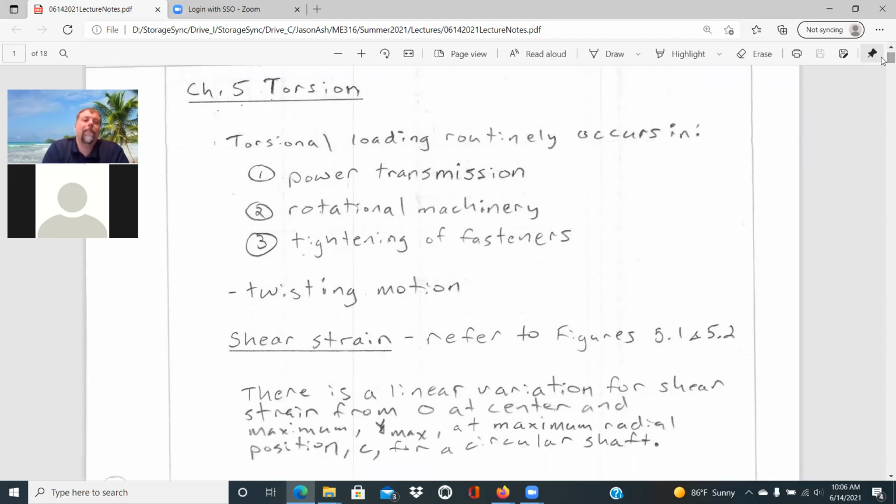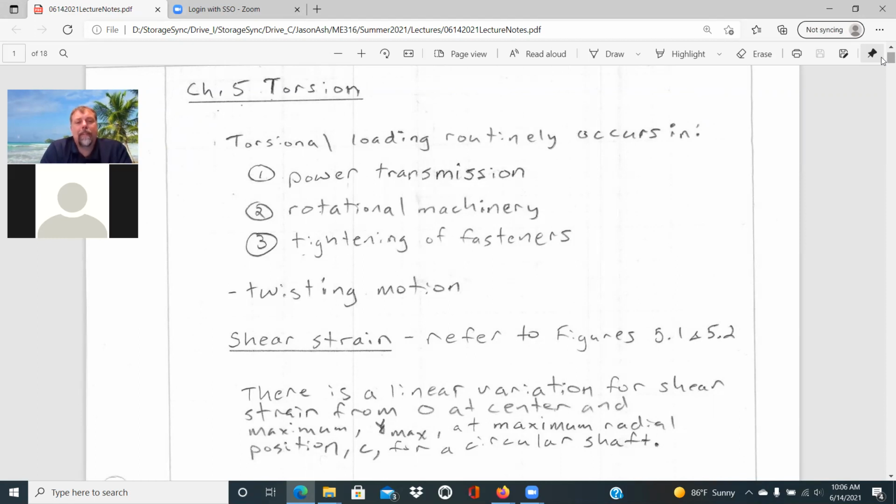In chapter 5 then, when you start looking at torsional loading, that routinely occurs in power transmission, where you have the rotation of shafts and transmitting that power that's being developed. Also with rotational machinery, things that are turning, you have to have motors that are turning that, and that's generating a torque.